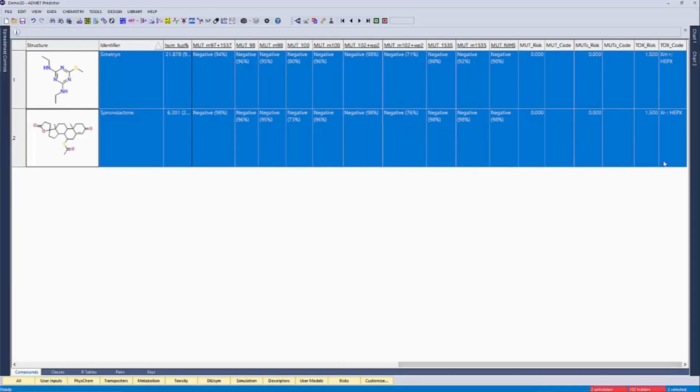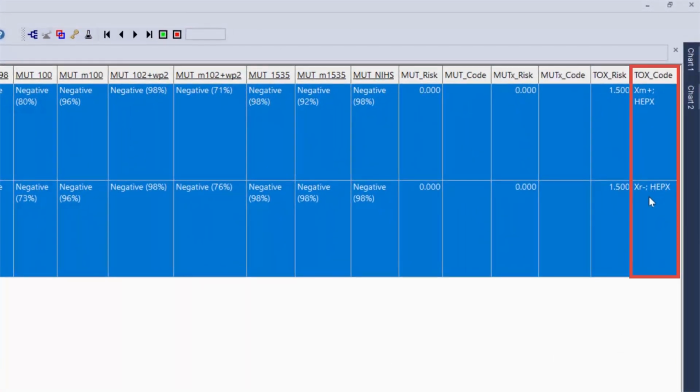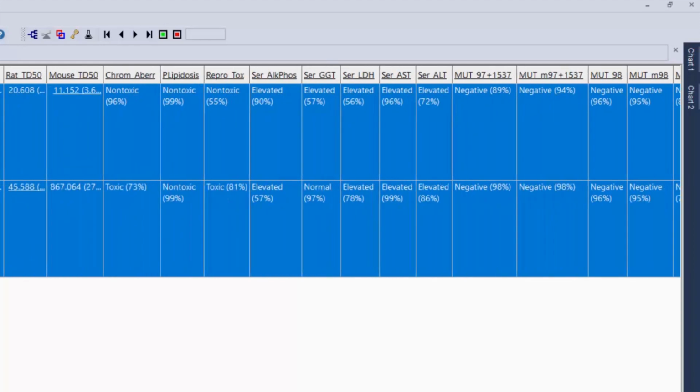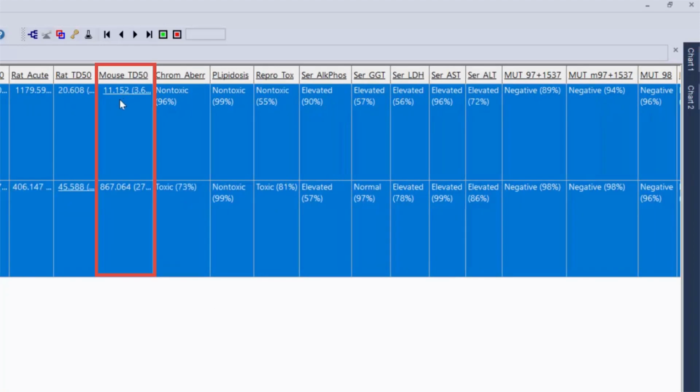The risk code will have a plus sign on it in this example and a minus sign in this example if the prediction is out of scope. So for this one, it's the mouse TD50, and it's got a plus, which means that the mouse TD50 was out of scope, but the value of the mouse TD50 is below the cutoff.